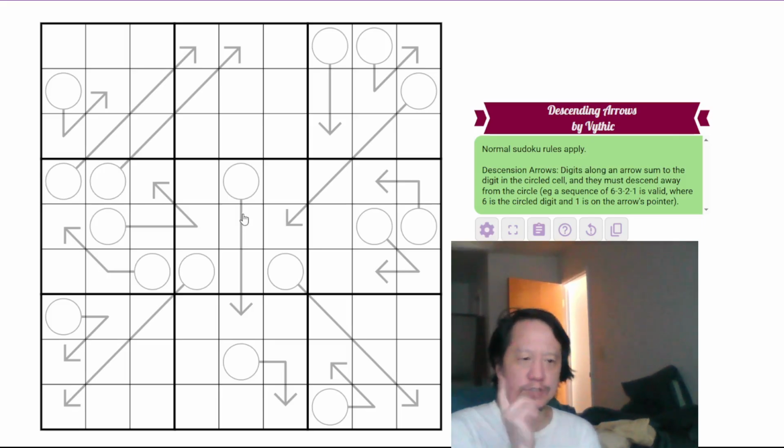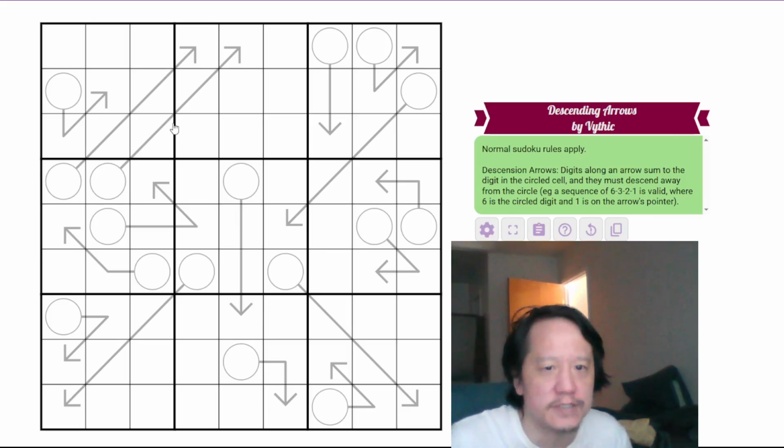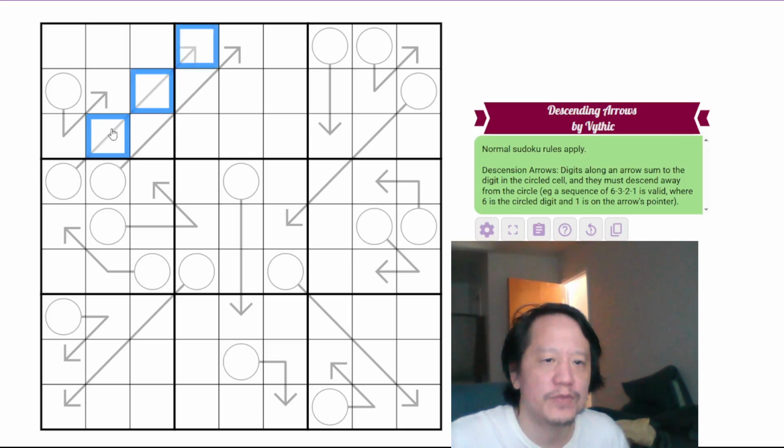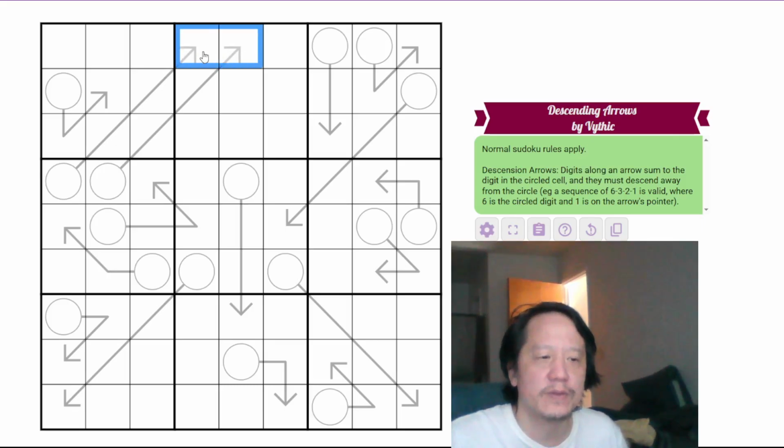Okay, so because they must be decreasing, these are very restricted in what they can be. Obviously, these have to be the smallest of the digits here.